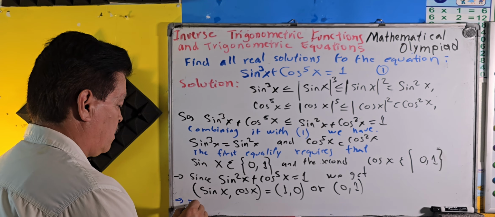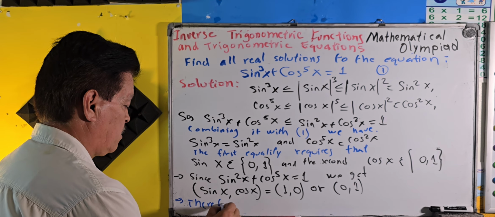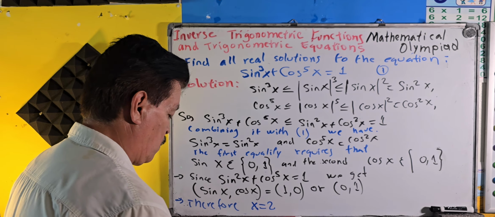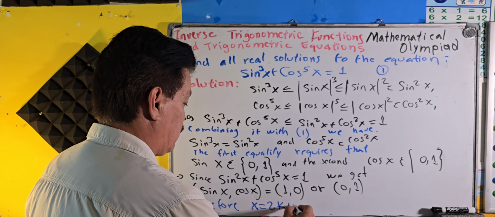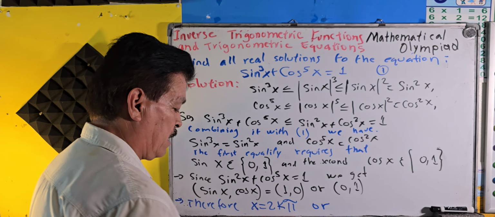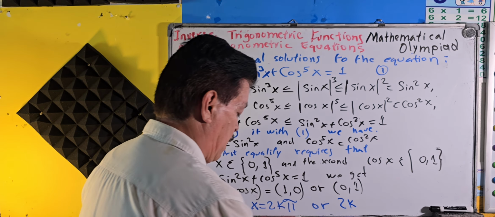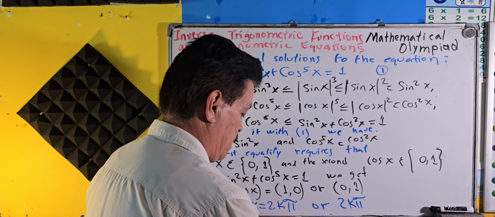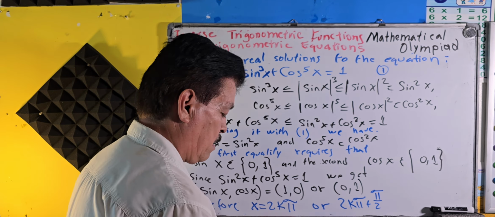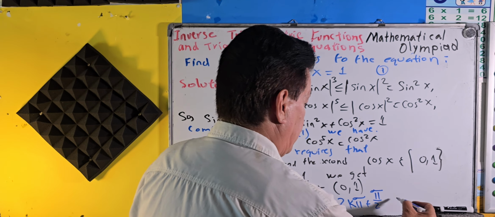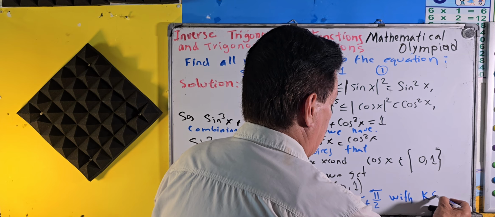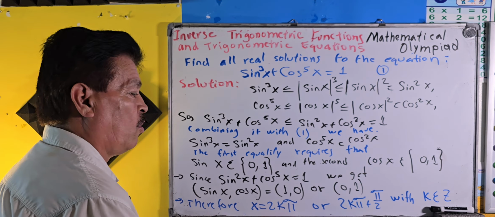Therefore x equals k times pi, or look at this, very important, 2k pi plus pi divided by 2, with k belonging to the whole numbers.